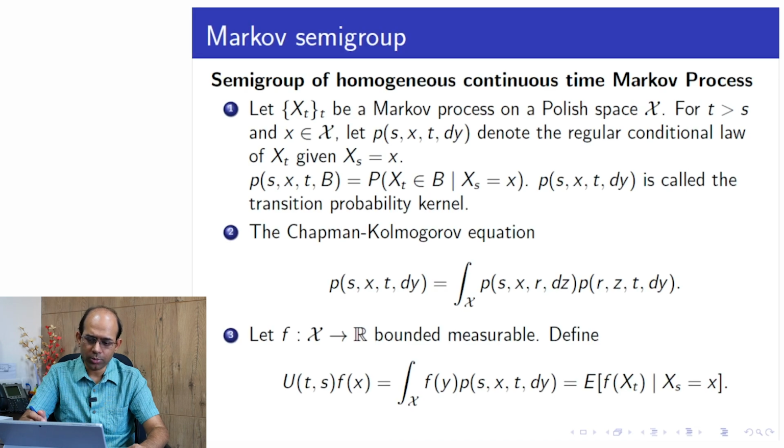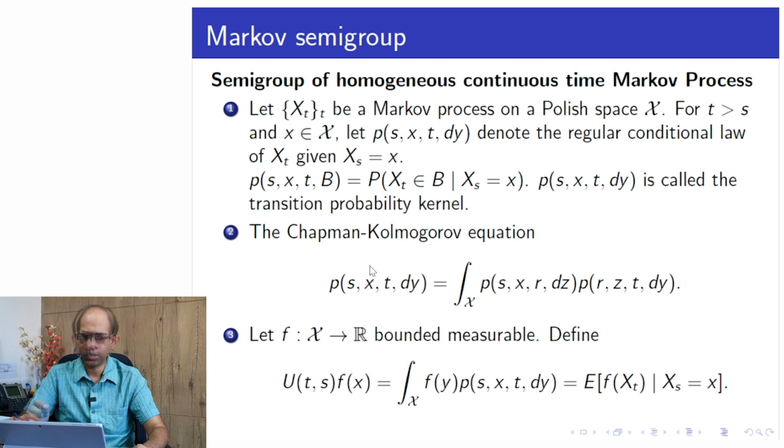We can easily do this, because in between t and s, if you put r there and then take conditional expectation, we can use the tower property of expectation. Whatever we obtain, if you want to write it down in terms of integration, we would come up with these types of integrations, and then using Chapman-Kolmogorov equation, you can do that.